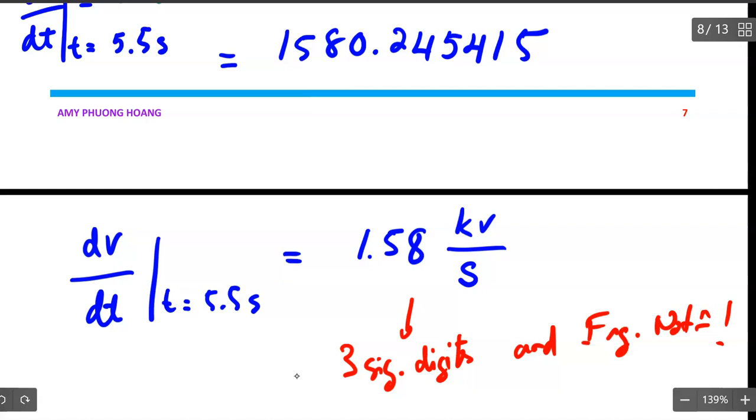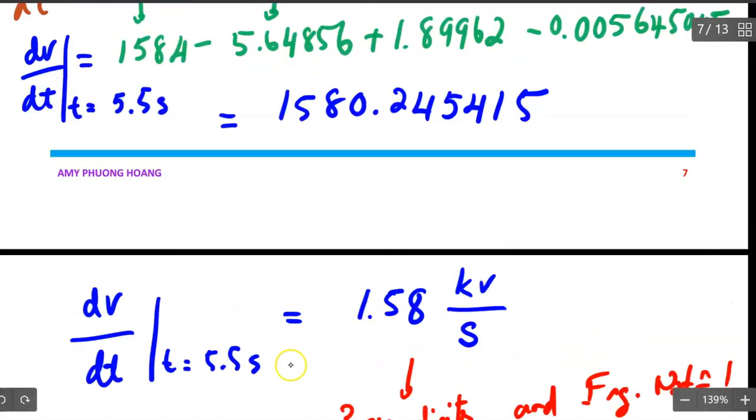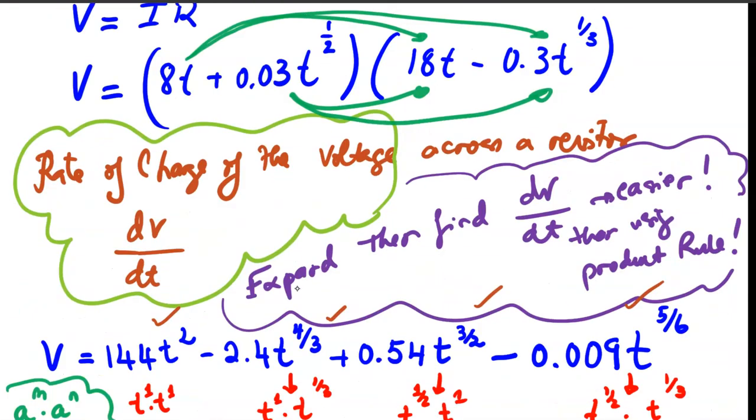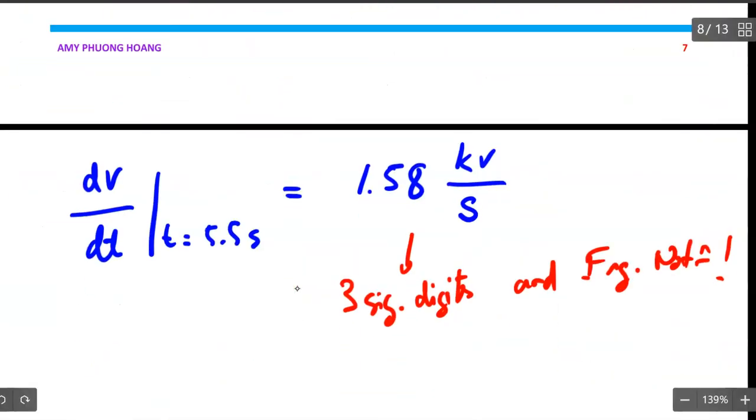Hopefully it's pretty clear what we have to do. And don't forget, the rate of change is to differentiate voltage as a function of time. Thank you everyone, I am just on time.